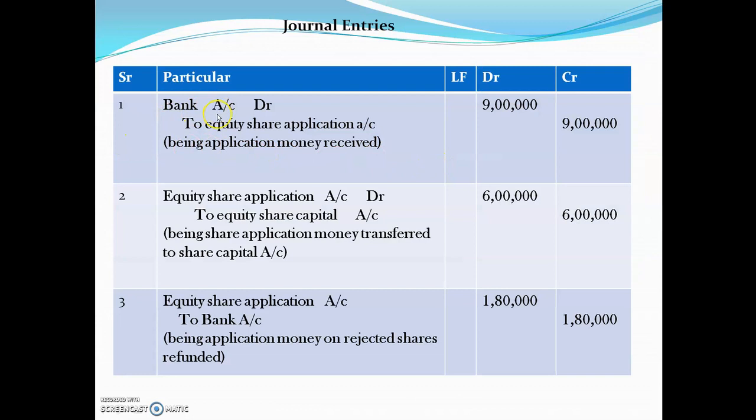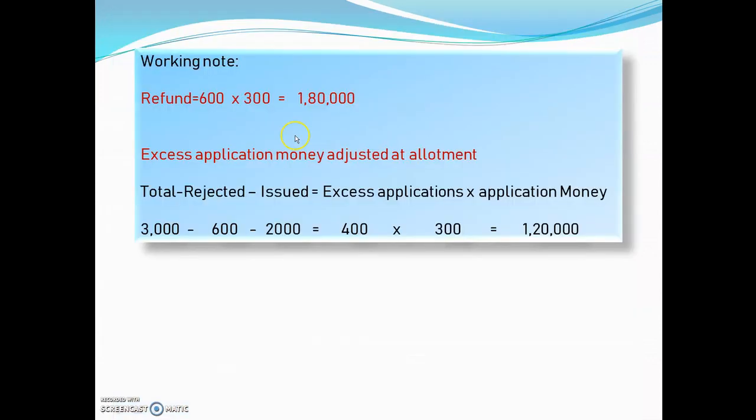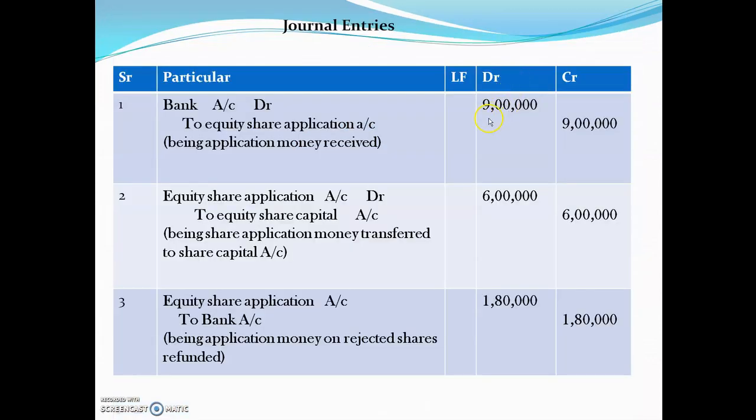See the journal entries. The first one is the application entry, that is bank account debit to equity share application account, being application money received. So here applications received are 3,000 and on application it is 300. So the total will be 9 lakh. Okay, the second is the transfer entry, that is equity share application account debit to equity share capital account.